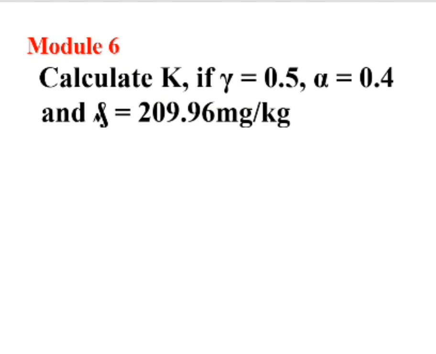In model 6, we want to calculate the empirical constant K, having known that N is still 4.25, and if the initial solution pH is 0.5 and the final solution pH is 0.4, we can get that if the concentration of phosphorus removed is 209.96 milligram per kilogram.